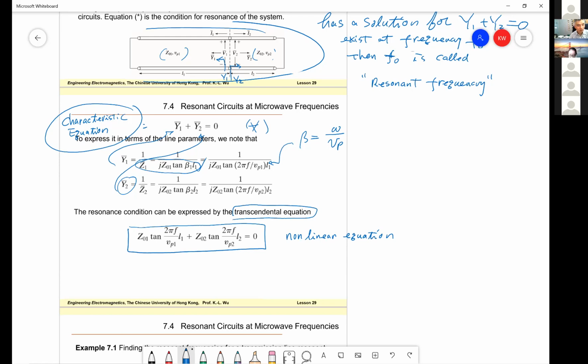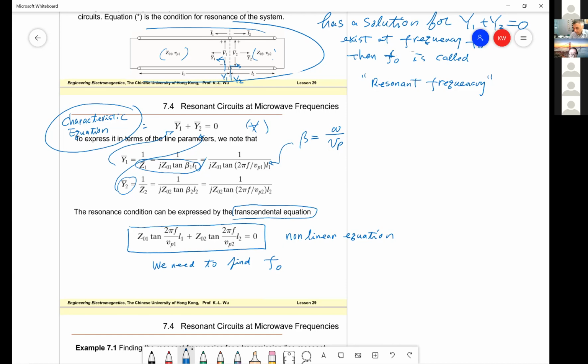It just means the admittance toward the left and toward the right, all together, should equal 0. Then for these two short-circuited transmission lines, we have this equation, and we need to find F0.